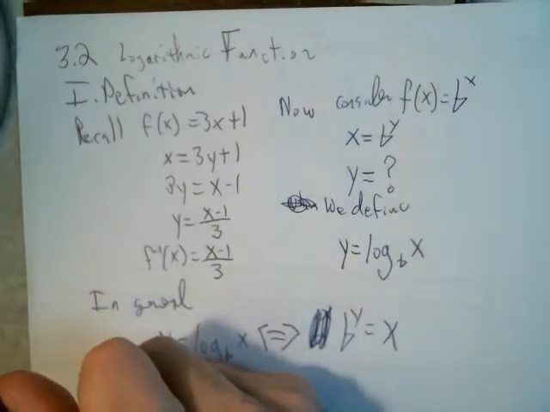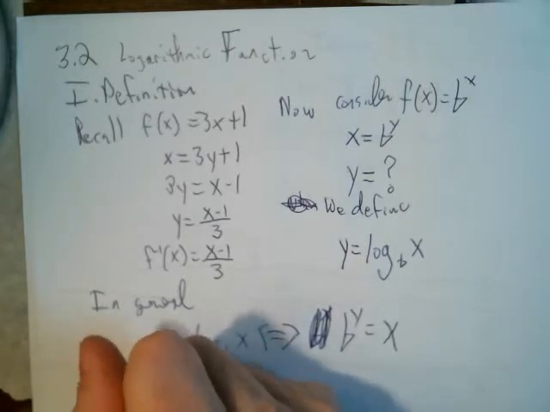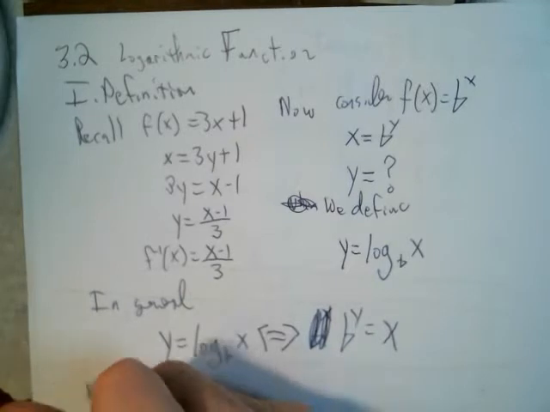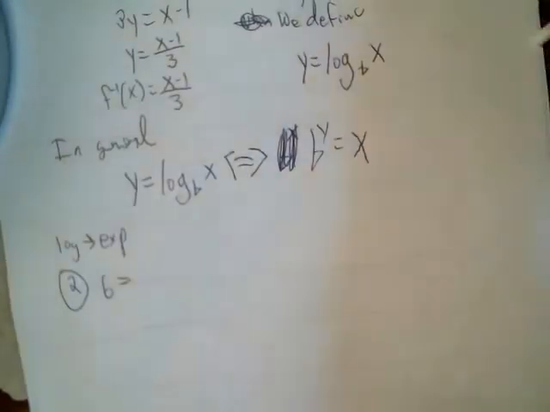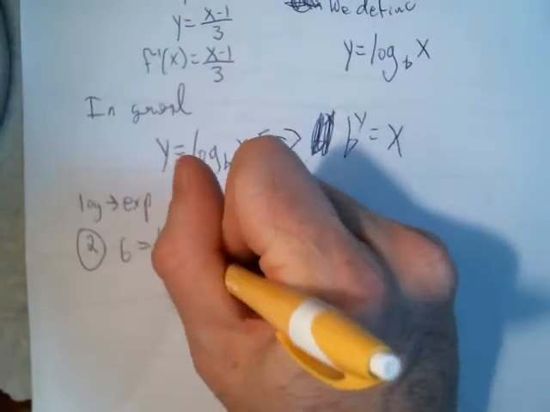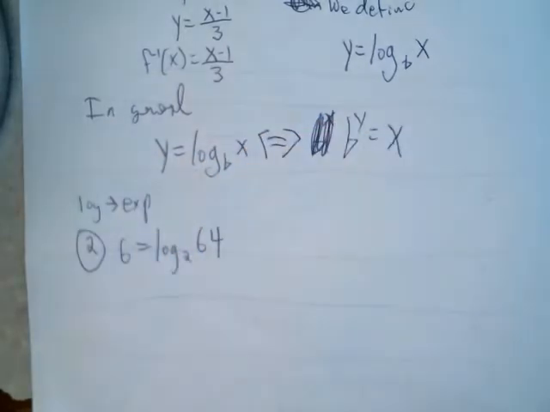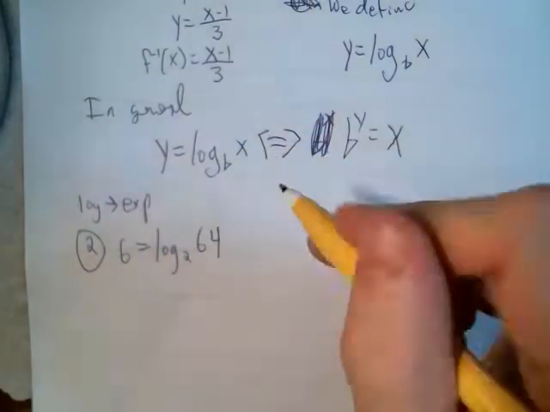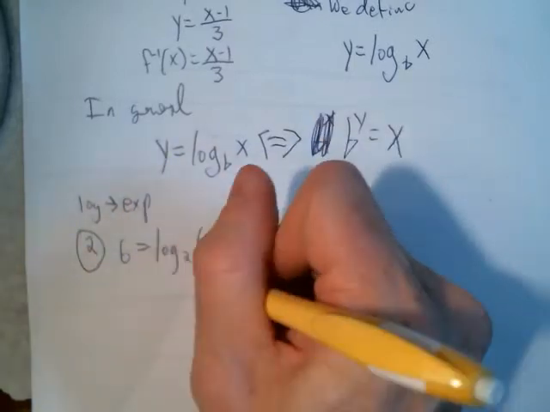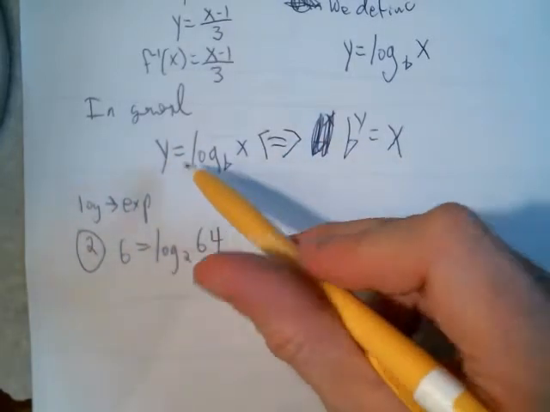Okay. So we'll use this definition in the beginning to just evaluate some questions. So first we're going from log form to exponential form, and this is problem 2. We have 6 equals log base 2 of 64. Okay. So we can rewrite this using this transformation. b to the y equals x.